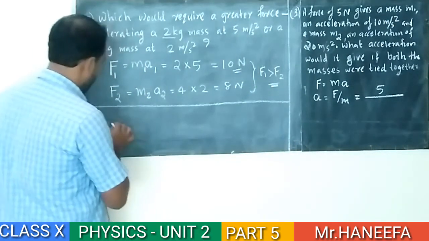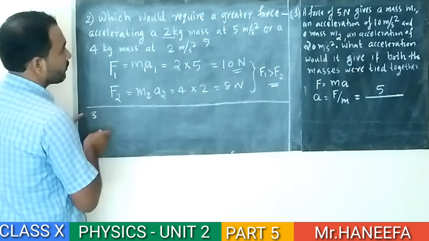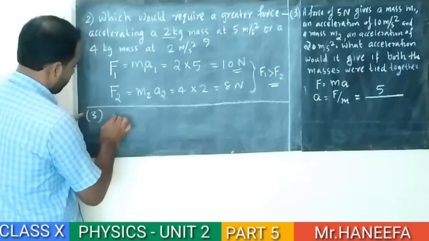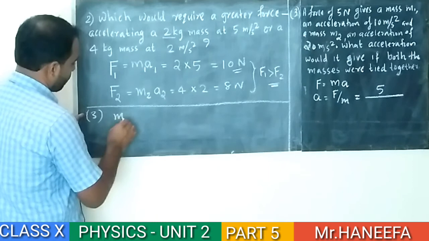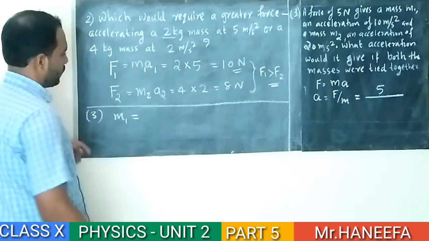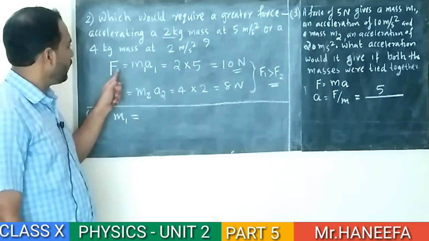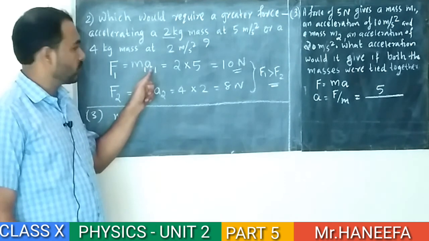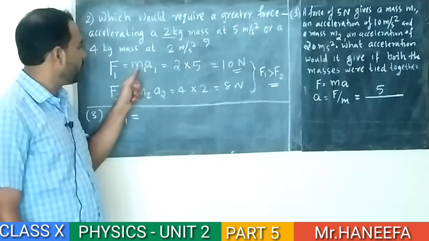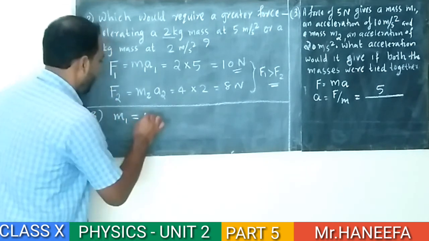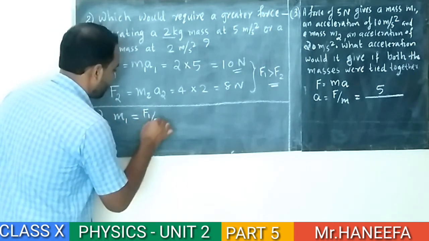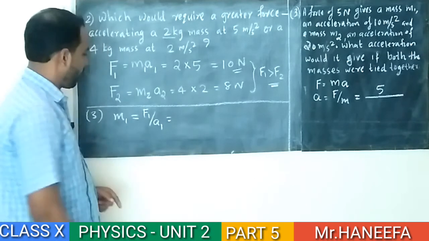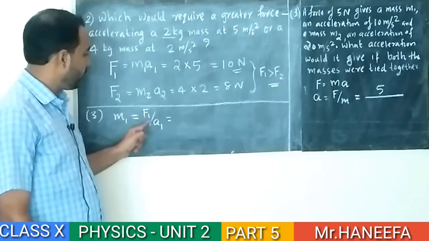First we can find m1. Third question. We know F1 equal to m1a1. So m1 equal to F1 by a1.